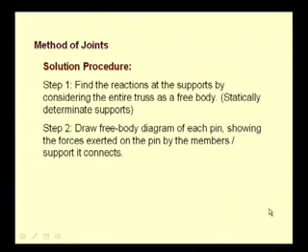Next, we consider the free body diagram of each of the joints or pins, and we show the external forces as well as the forces exerted by the supports and the forces exerted by various members connected at the joints in the free body diagram.